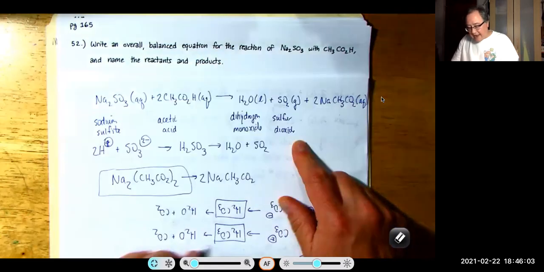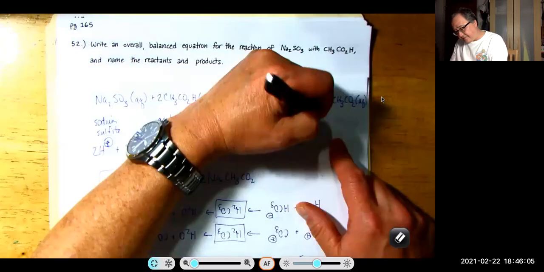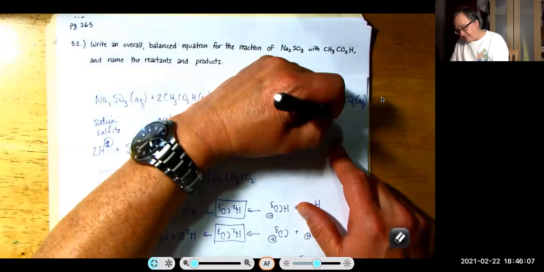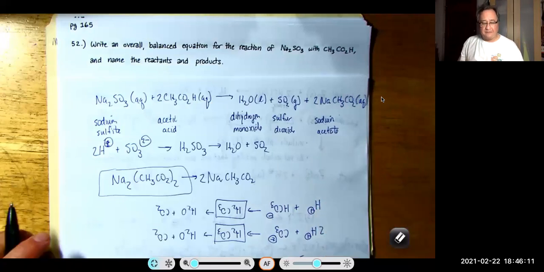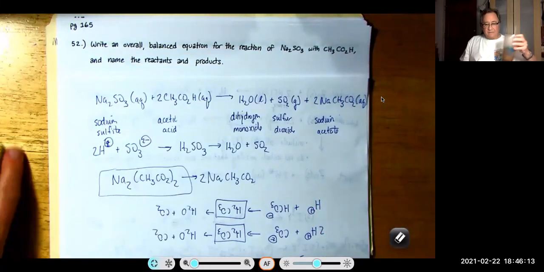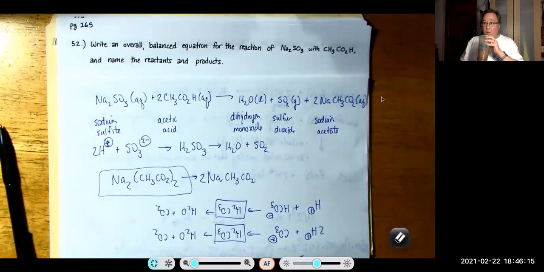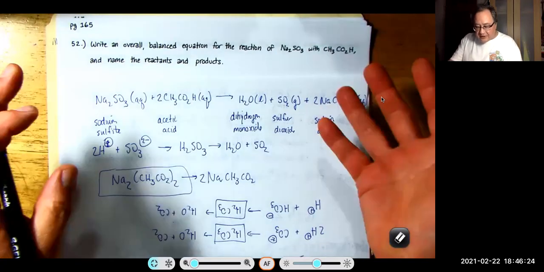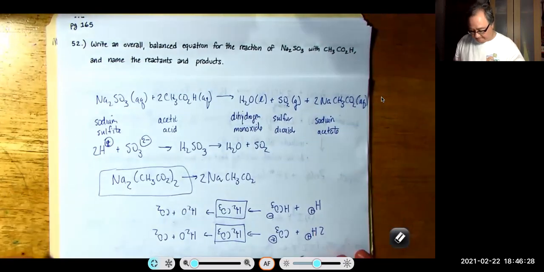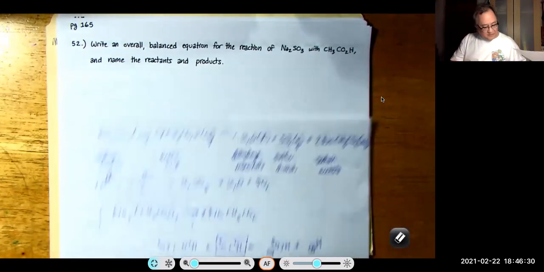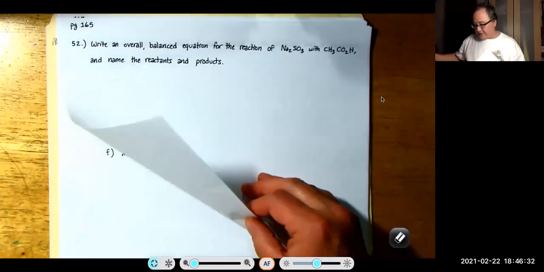And this is sodium acetate. Okay, so another common gas forming reaction that is similar to CO3 2 minus. Okay, let's put that over here.